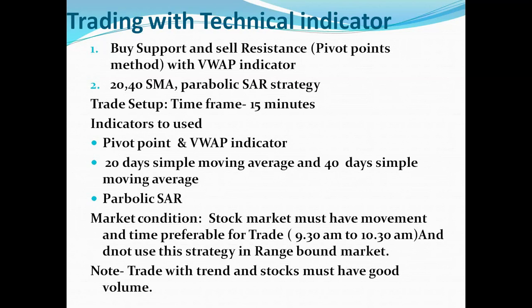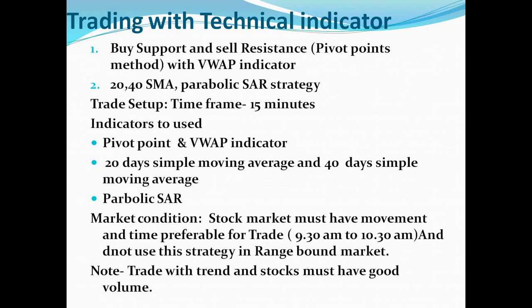The second thing you have to see is the sector index. Sector index means, let's say, banking index, IT index, metal index, pharma index. So for the stock which you trade, that index must be positive. These two criteria you should meet first.